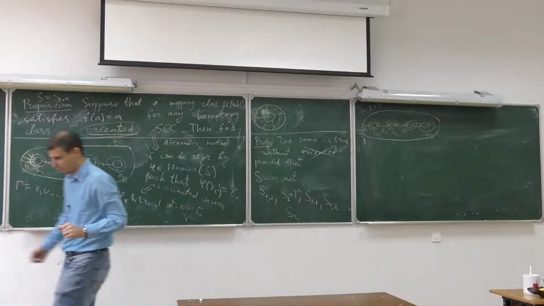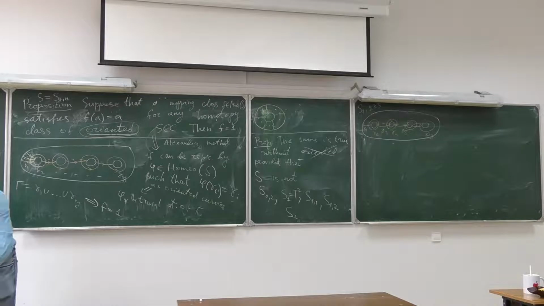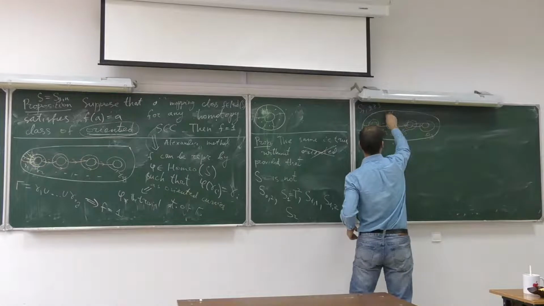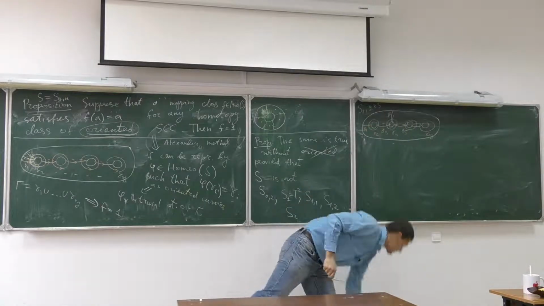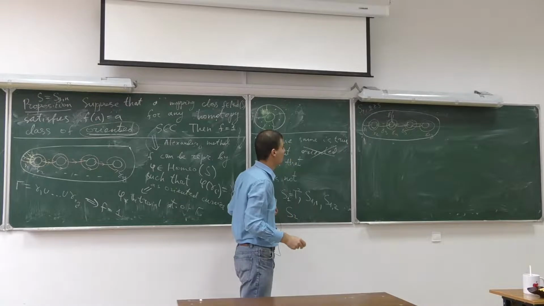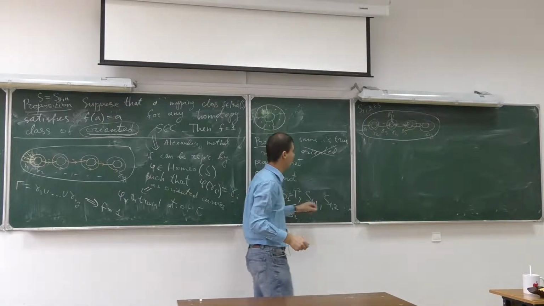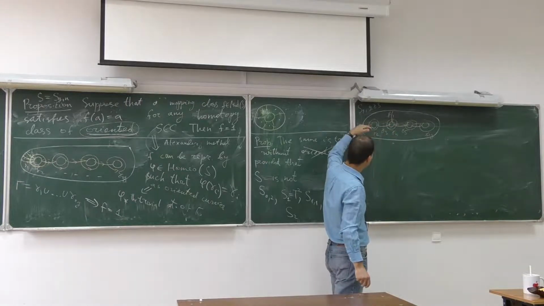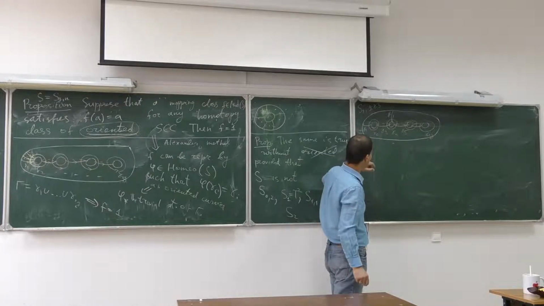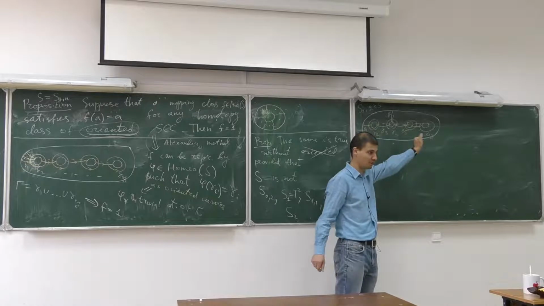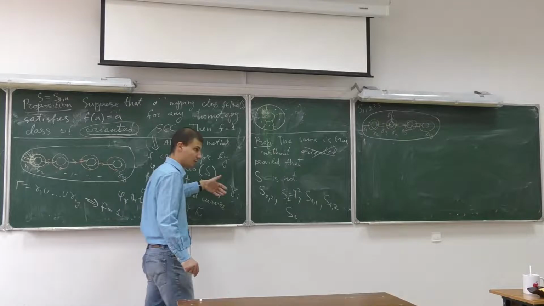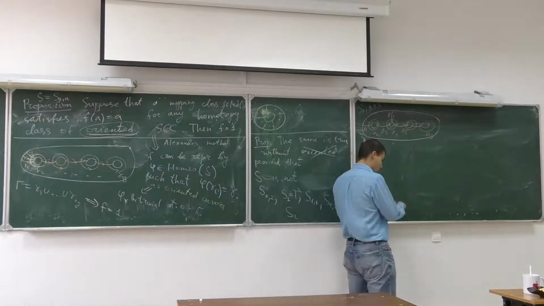And we make the following. We add here one more curve, beta, which intersects gamma 4. And once we have this curve, we see that, well, again, all these curves fill the surface. They still satisfy conditions in the Alexander method. So all the same is true.